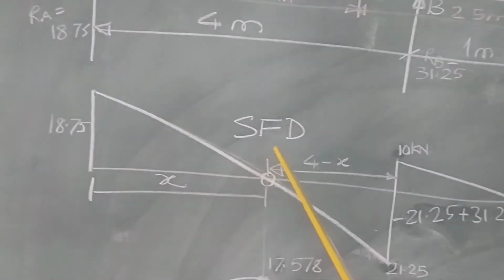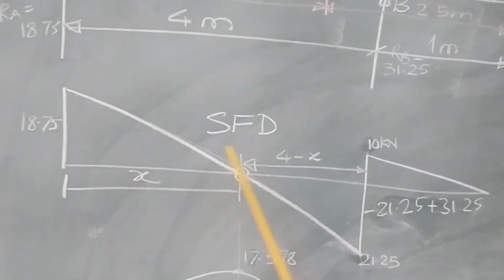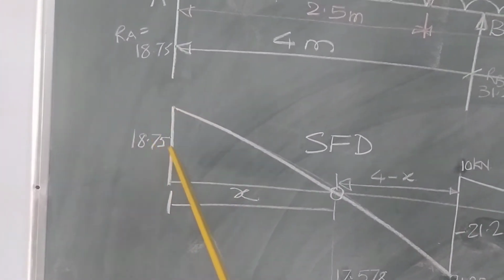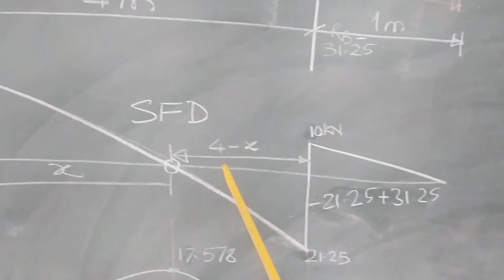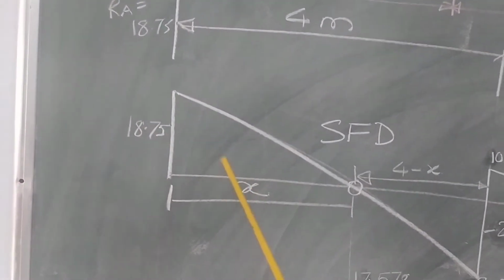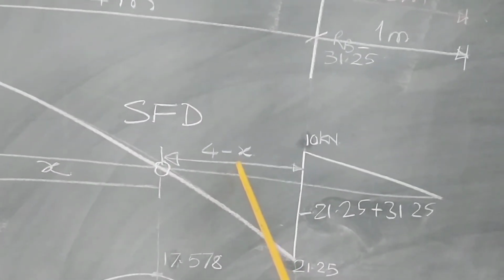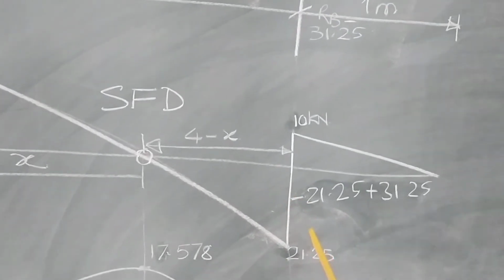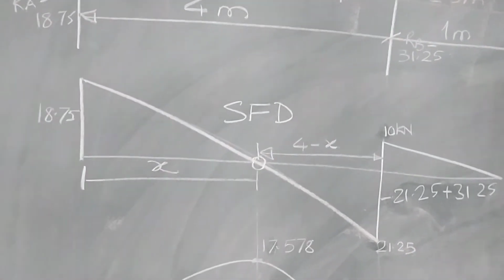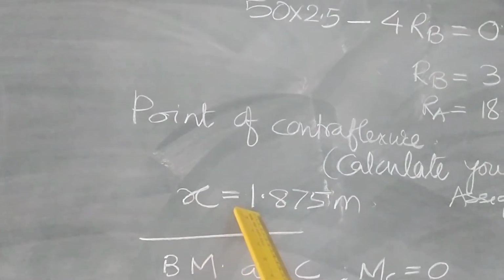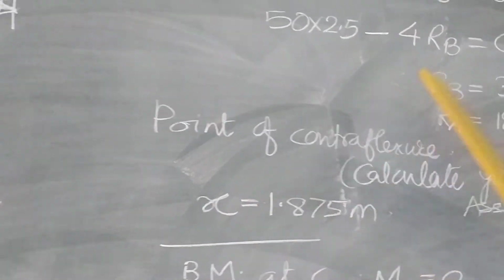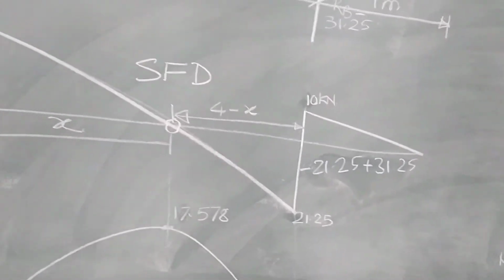X is a base, 4 minus x is the base for this triangle, sides are 18.75 here and 21.25 here. So x upon 18.75 is equal to 4 minus x upon 21.25. It gives an easy arithmetic calculation of cross multiplication, giving x equal to 1.875.